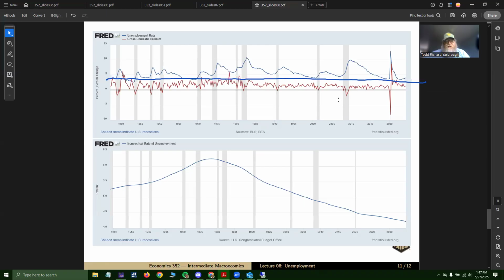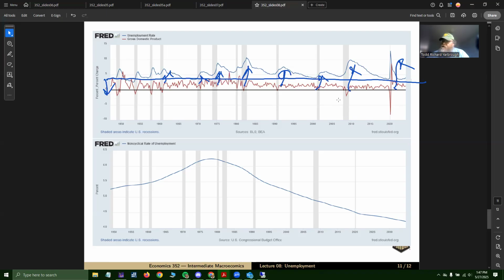And then any uptick in unemployment is going to be cyclical unemployment. So all these bits of unemployment here, notice they all occur after recessions, right? Every one of these blips in unemployment happens after a recession. So that's cyclical unemployment. Everything below that is that natural rate of unemployment.